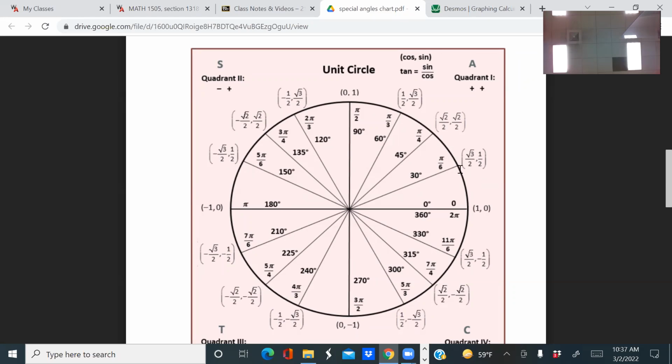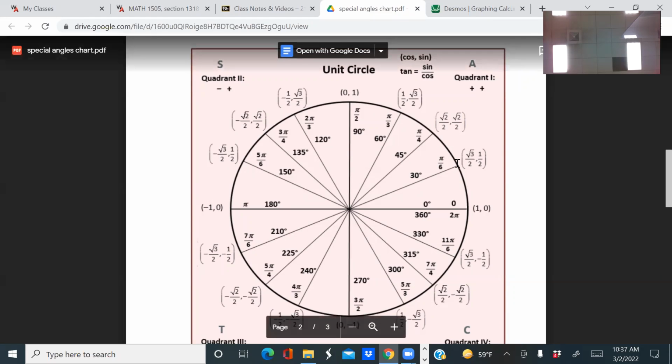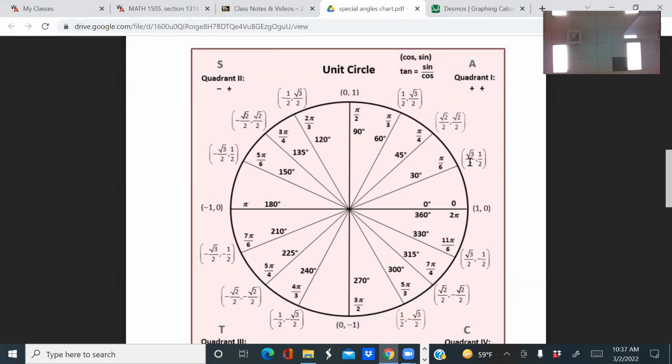Remember, that is more than 1/2. That makes sense, right? Because in this point, obviously the x coordinate is bigger than the y coordinate, and it's that much bigger, 0.866 versus 1/2. But the point is this point is on the terminal side of the angle pi over 6, square root of 3 over 2 and 1/2.